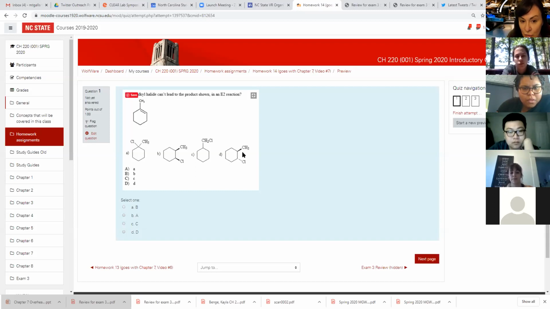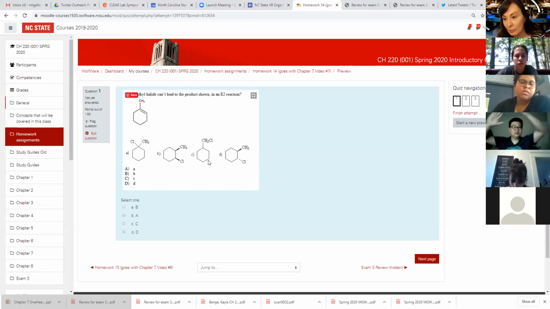So you will make 2 products from down here, but the major product that you will make would be this guy. And the question's asking which one of these will never allow you to make the product that's shown above. Exactly. The correct answer has to be C because you cannot make a double bond in a carbon that is away from the leaving group. Make sense?